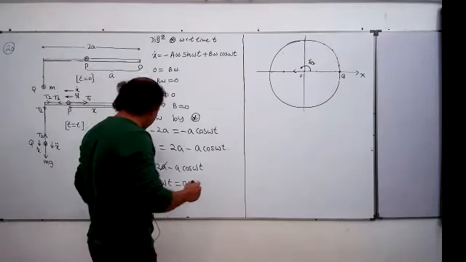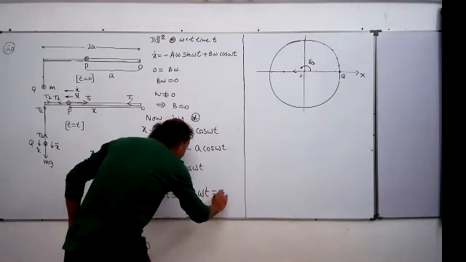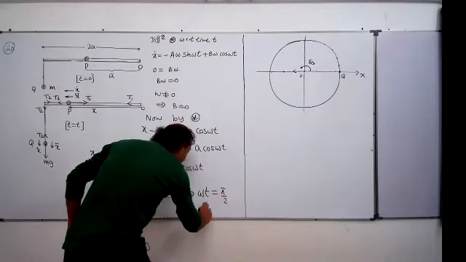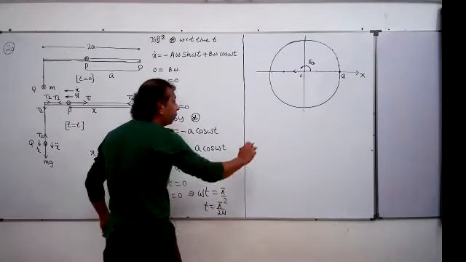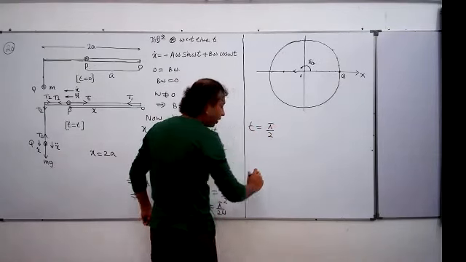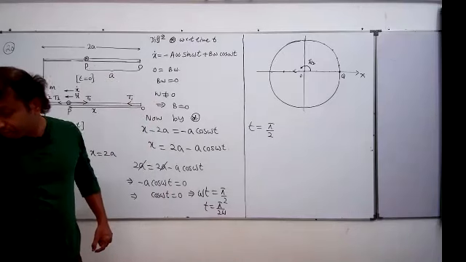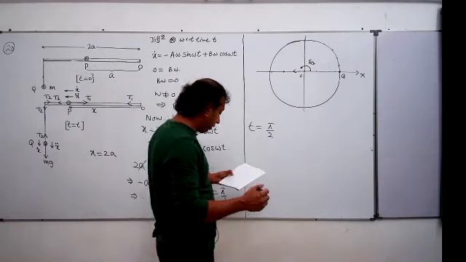Then we write, people, omega t is pi by 2, and then t equals pi by 2 omega. You know that omega is given in the question as root of g upon 2a.